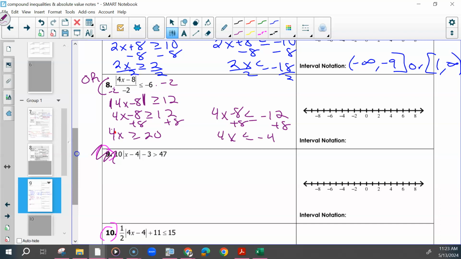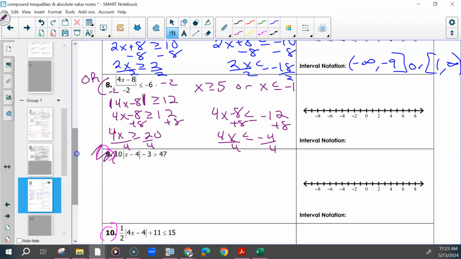And then divide both sides by 4. We have x is greater than or equal to what? 5. And what would the other one be? x is less than or equal to -1.